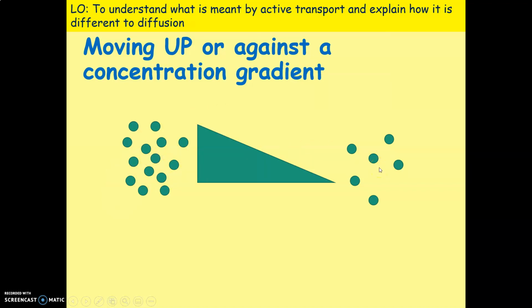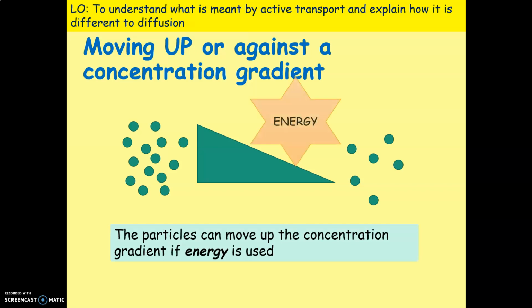If these particles will move from this area that's got low concentration to this area that has high concentration, energy is required. Because imagine you are coming down from your stairs. You can easily roll down compared to if you're climbing up. If you're climbing up, you require energy to climb up.